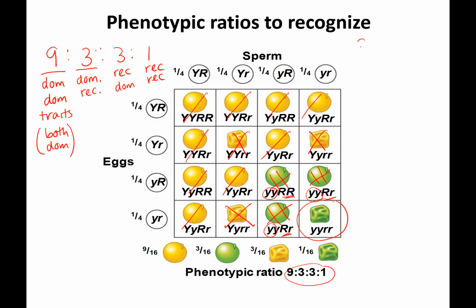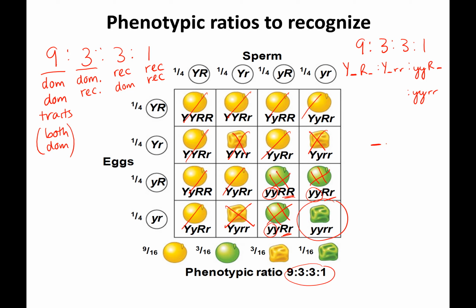So another way we can write the general genotype is big Y something, big R something. Big Y something, little r, little r. I'm going to write it down below. Let's see. Little y, big R something, and then our last one is little y, little r, little r.